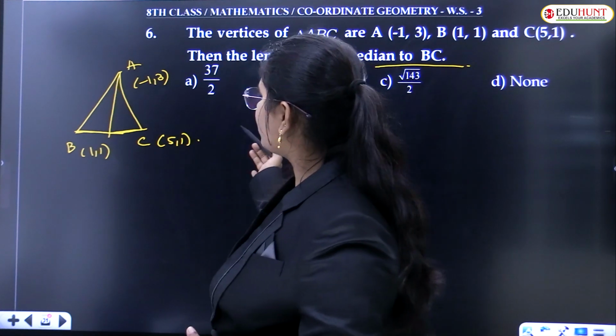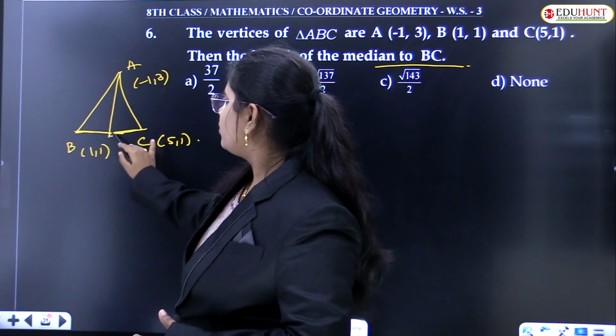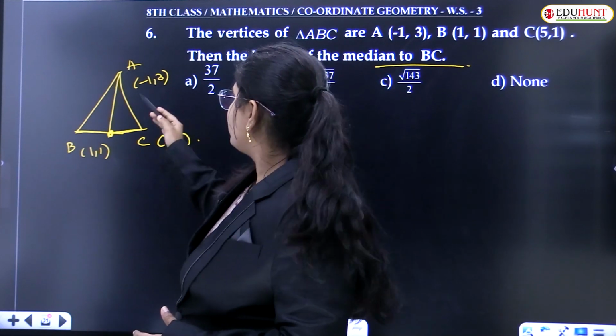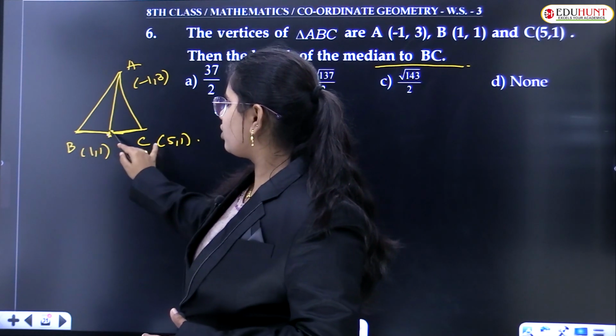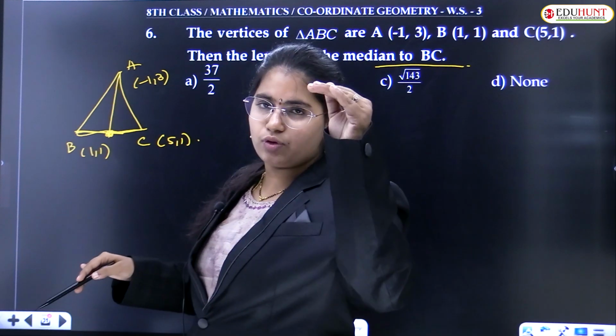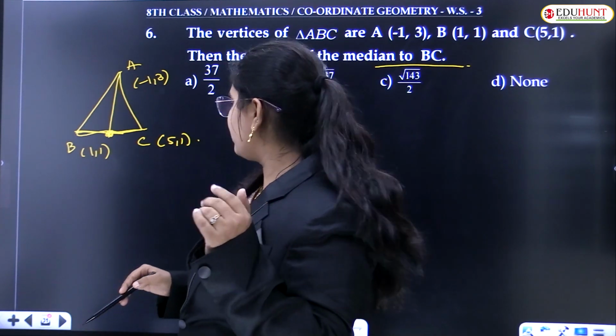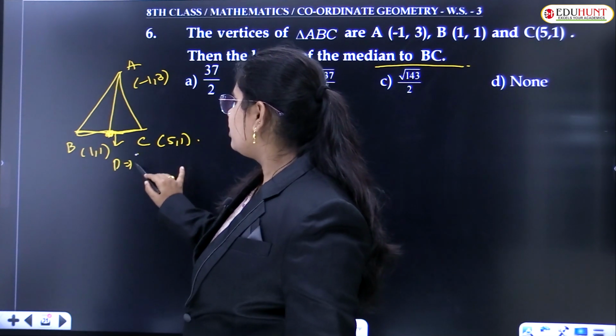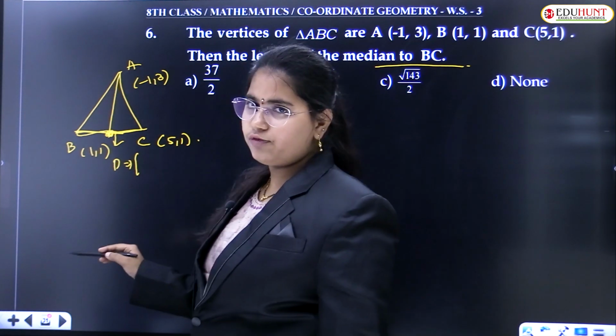So let's see the question. A is minus 1, 3. You need to draw the length of median to the BC. That means you have to draw the median from vertex A. Similarly, D is the midpoint of BC. What is the midpoint formula?